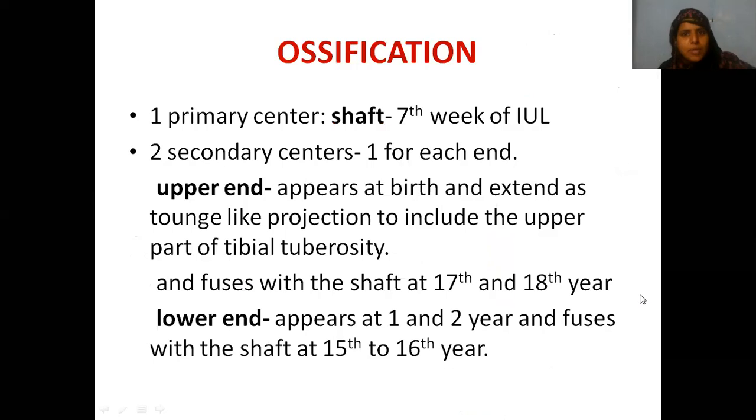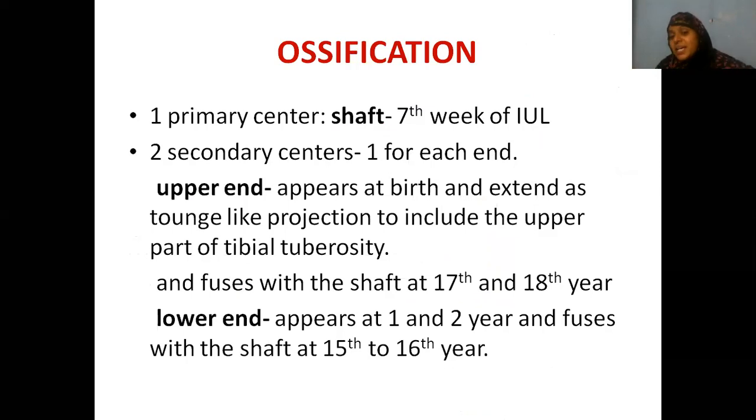Now coming to the ossification. Primary ossification center is the center which arises during intrauterine life, that is during the 7th week of intrauterine life. Here we have 2 secondary centers, one for the upper end and one for the lower end. Always remember which is the growing end. That is more important.